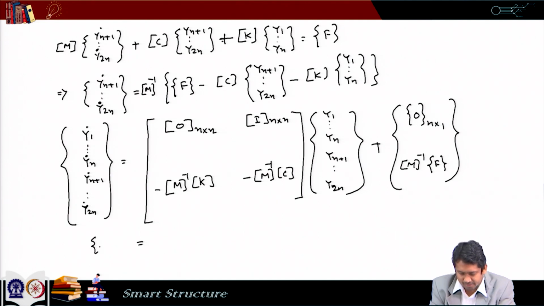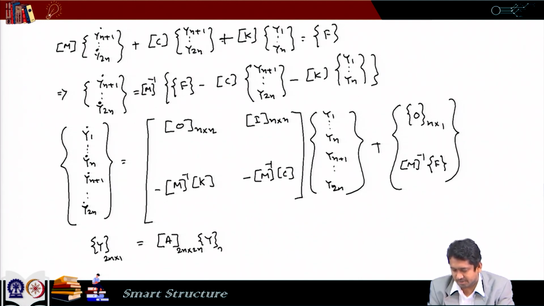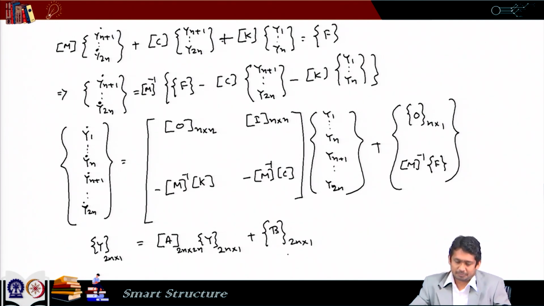So, this can be written as y dot, which is a 2n by 1 vector, is equal to a matrix, which is a 2n by 2n matrix. So, this matrix we call A matrix, multiplied by y vector, which is a 2n by 1 vector, plus let us call it b vector, which is a 2n by 1 vector.